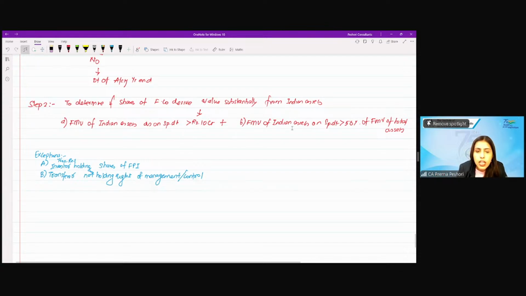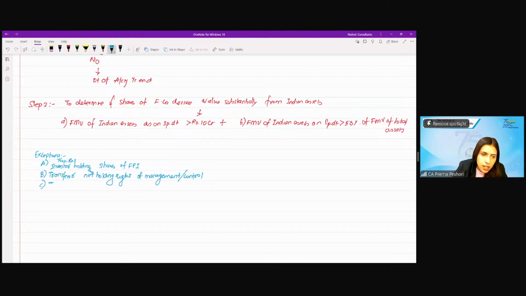If those small investors also get captured under the indirect transfer net just because they are transferring the shares of the foreign company, that will cause hardship to them, right? So therefore, to give some amount of leeway to the small shareholders who are not holding the right of management or control, this particular exception has been created. Are we getting it? So that is why they have kept these transferors who are not holding the right of management or control in the foreign entity outside.